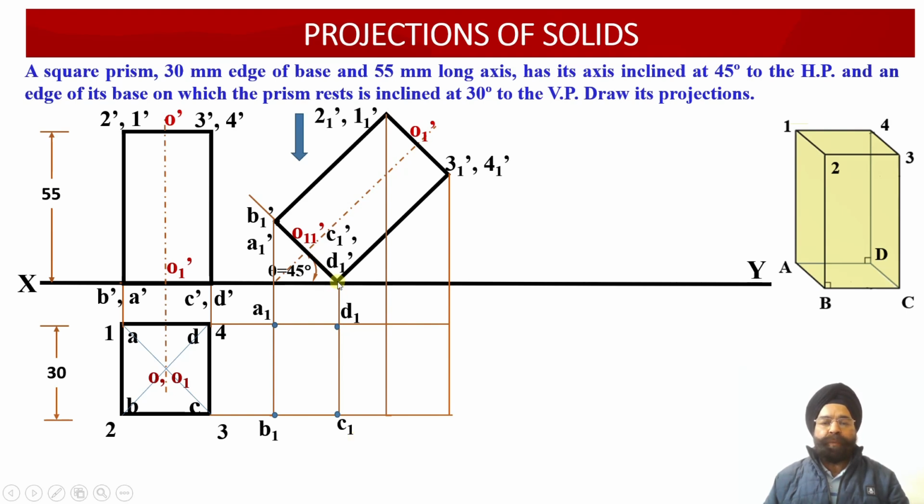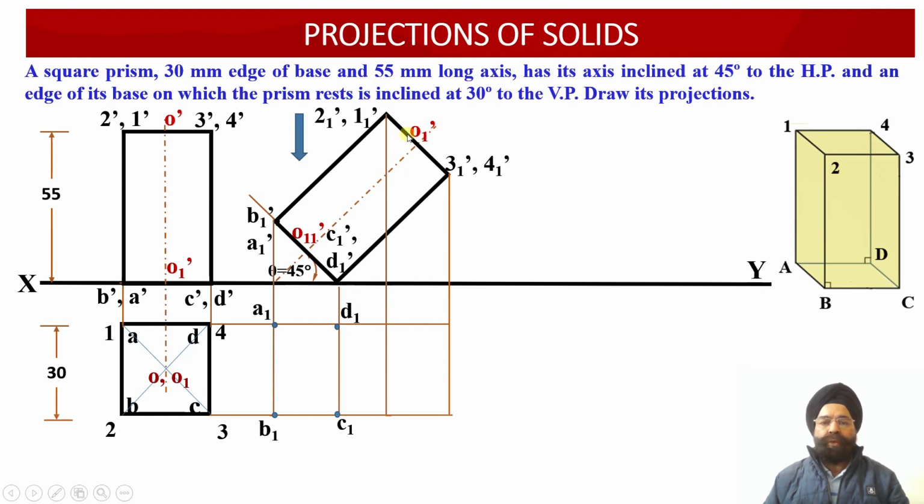And finally, corresponding to the base, we have drawn a vertical projector line through the point D1 dash, and wherever it intersects with the horizontal projector line drawn through the point D of the previous plan projection view, we have obtained the point D1 over here.